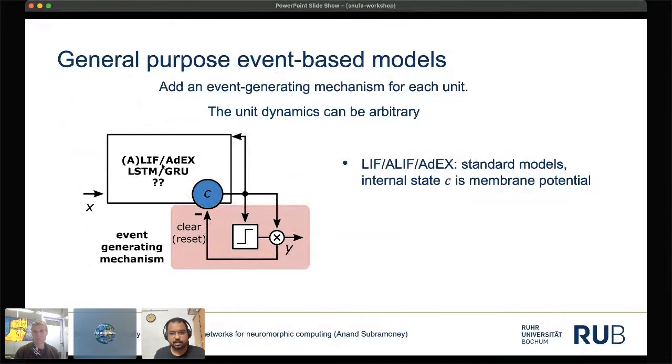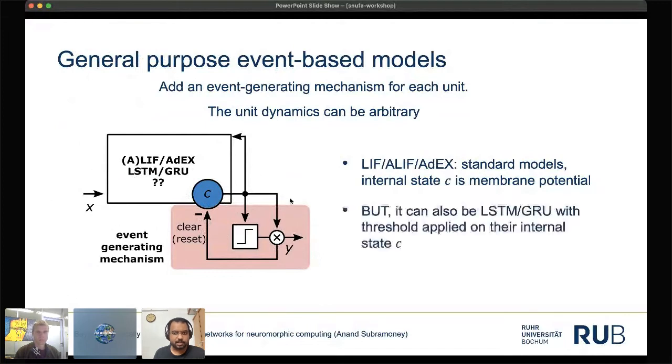In these models, the internal state is the membrane potential of the neuron. But the internal dynamics could also be based on LSTM and GRU, with the threshold applied on their internal state. Or you could use any arbitrary dynamics for this model, add a thresholding event generating mechanism, and use it for the appropriate application.